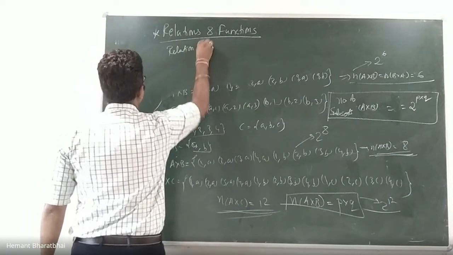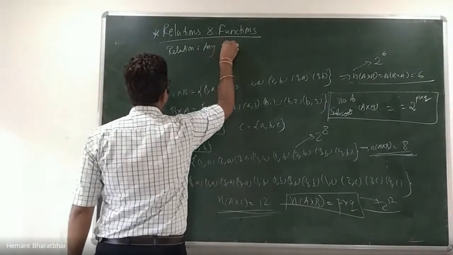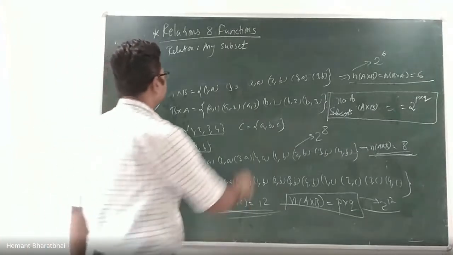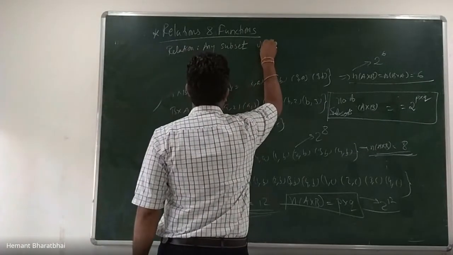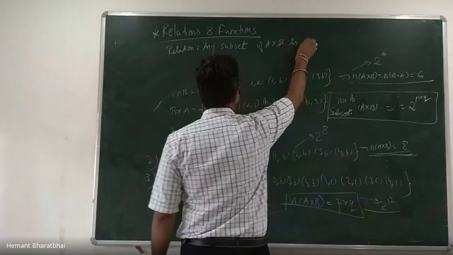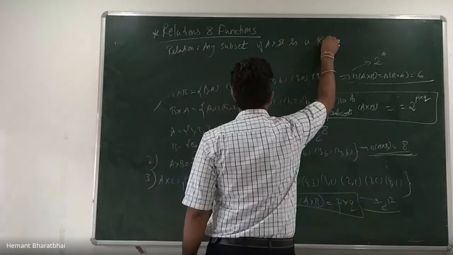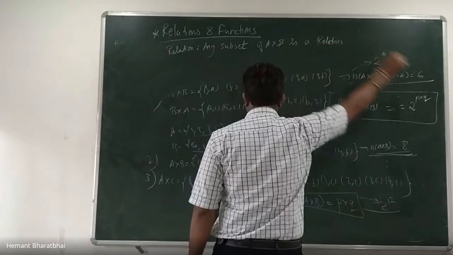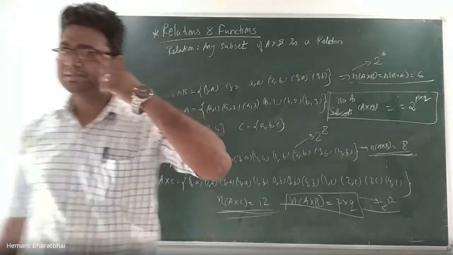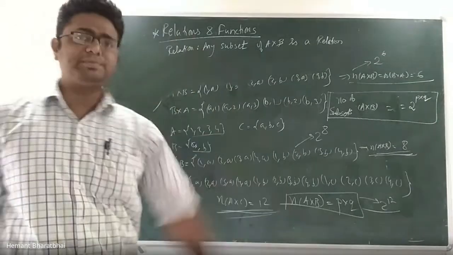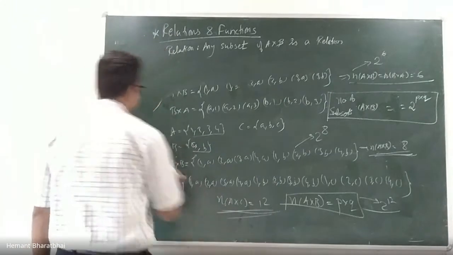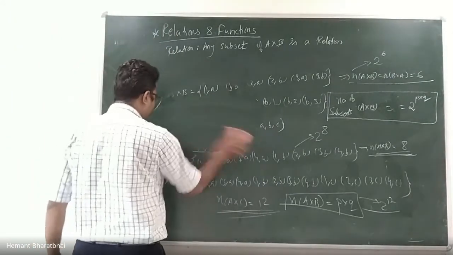Any subset of Cartesian product of two sets is a relation. Mathematically, any subset of Cartesian product of two sets is nothing but a relation.